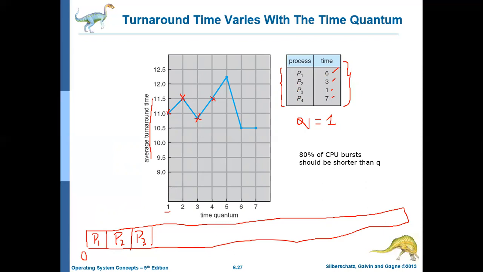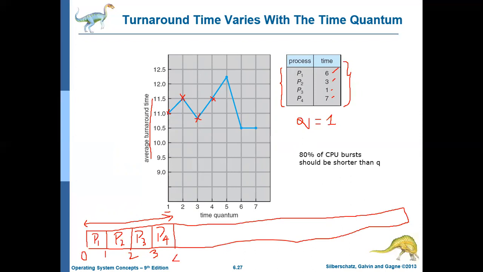Then P4 will get 1 millisecond. So this is one round. The first round has completed at the 4th millisecond.